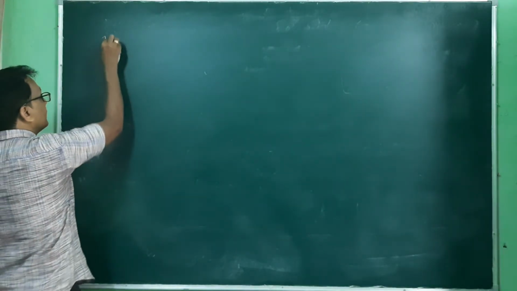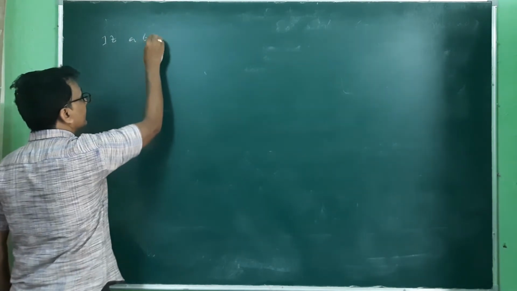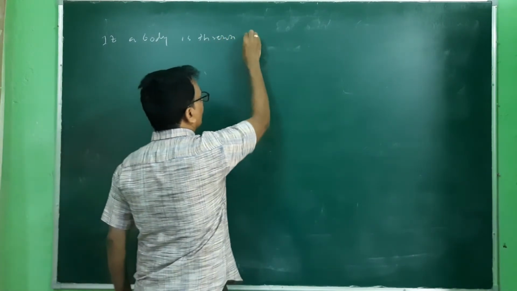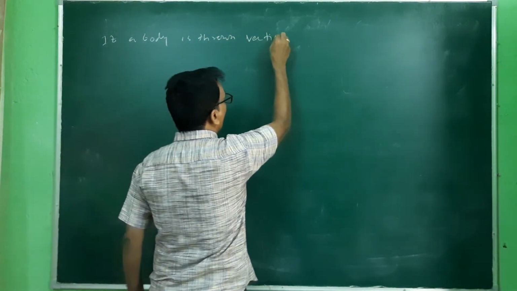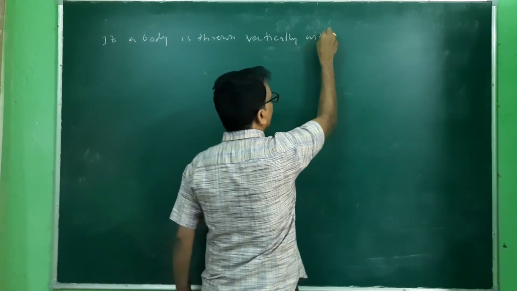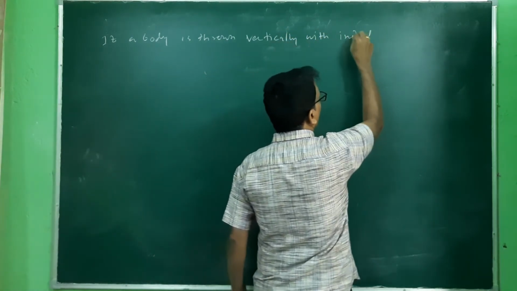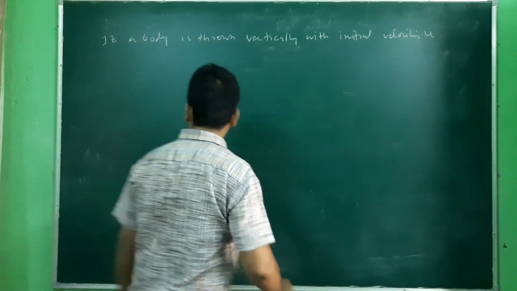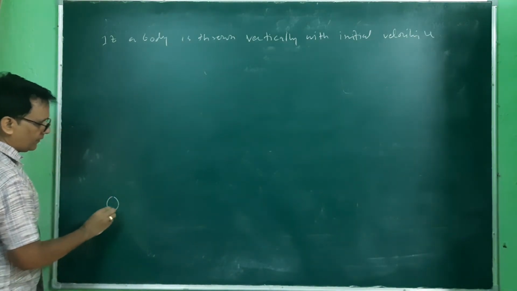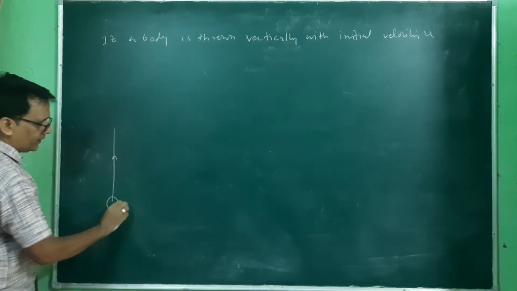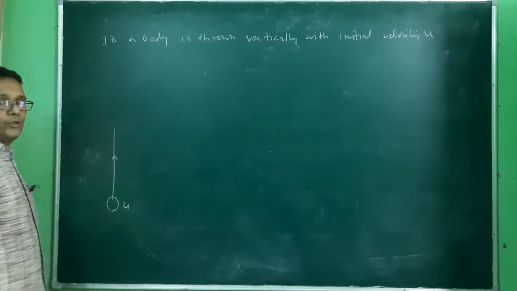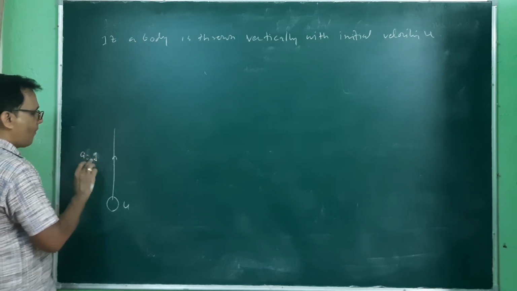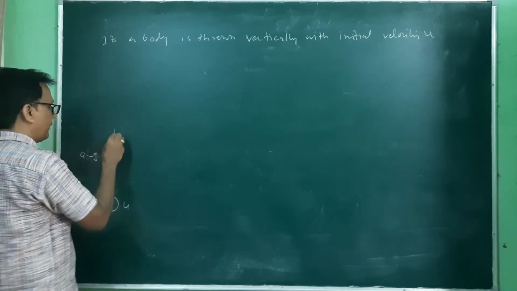So if a body is thrown vertically with initial velocity u, then obviously a is equivalent to minus g, because you are working against the gravitational force.